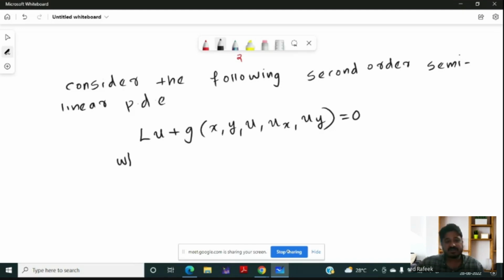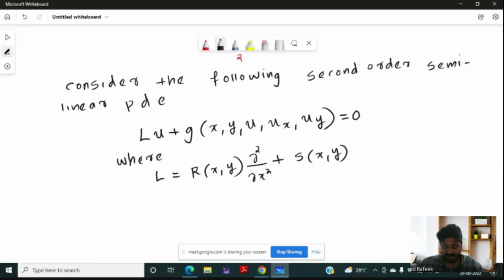where L is the operator L = R(x,y) ∂²/∂x² + S(x,y) ∂²/∂x∂y + T(x,y) ∂²/∂y².